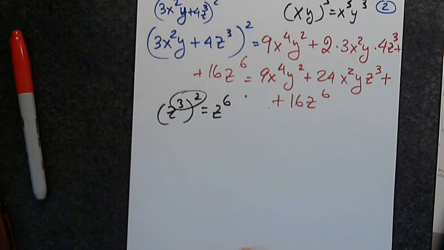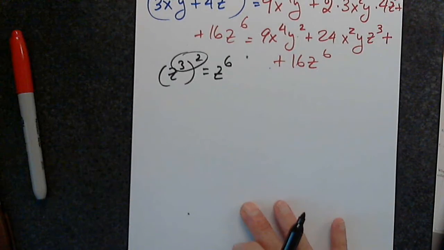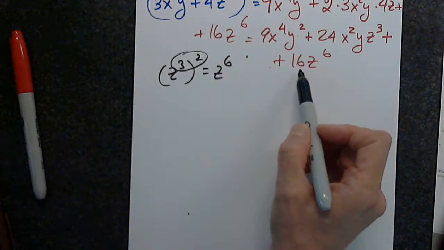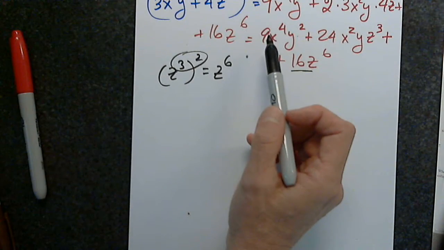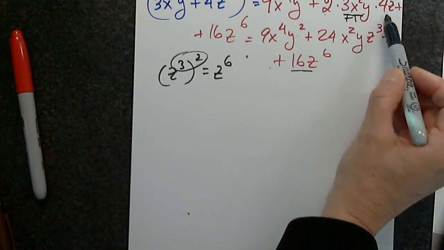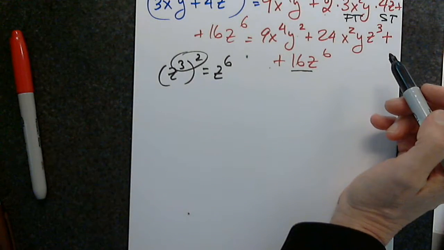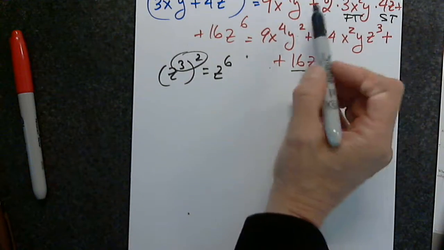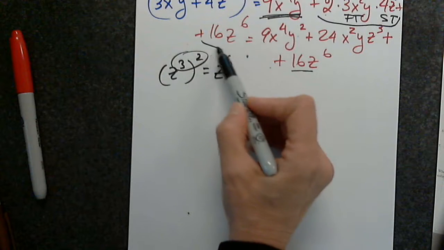Okay, I see it. Better? Yeah, I just wasn't understanding that second portion. So 2 times 3x squared y, this is 2 times the first term times the second. It's a product, because there are 3 terms. This is the first term, this is the second term, and this is the third term.